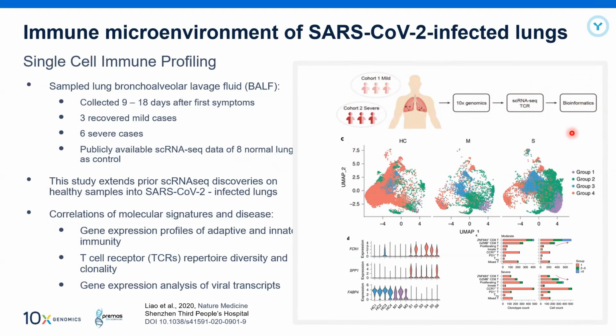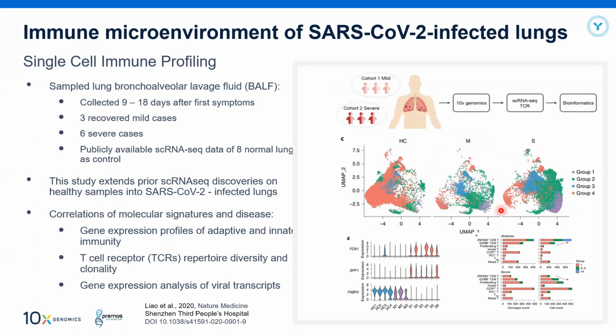So overall, they have grouped the clusters 1, 2, 3, 4, which means the different cell types. And just by visualizing against the healthy control, the pattern of different cells is totally shifting to other cell types. Here, the severe is totally different from the mild one.